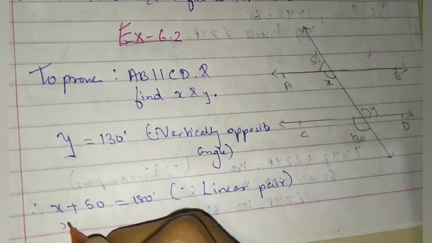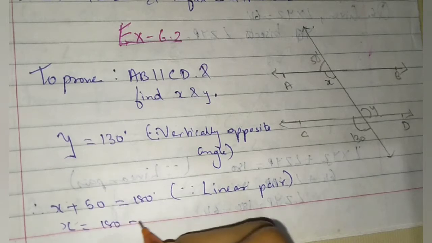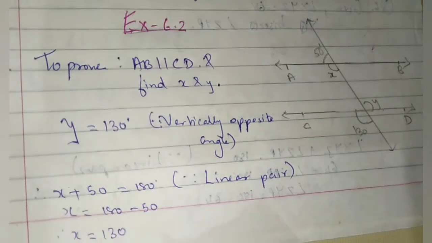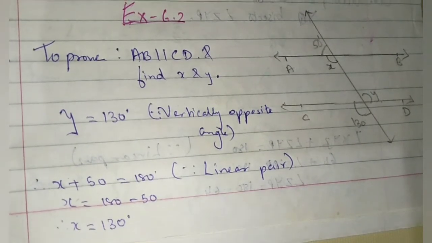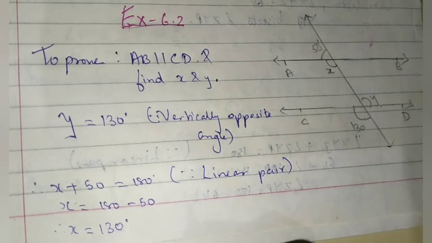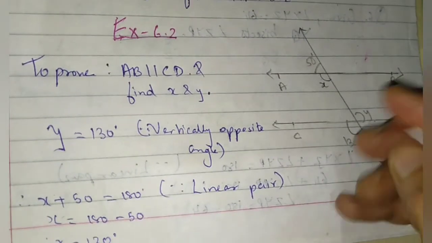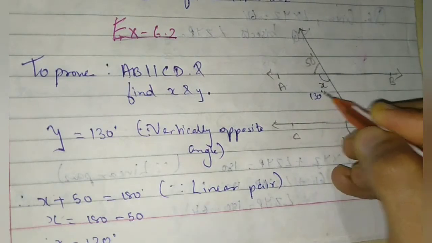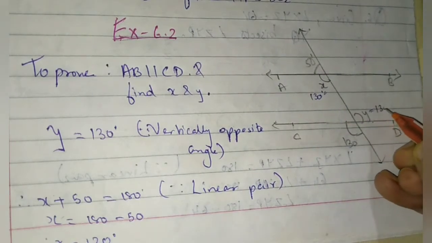Now we'll find x equal to 180 minus 50. Therefore x equal to 130, right? x equal to 130. Now x is 130 and y is also 130.